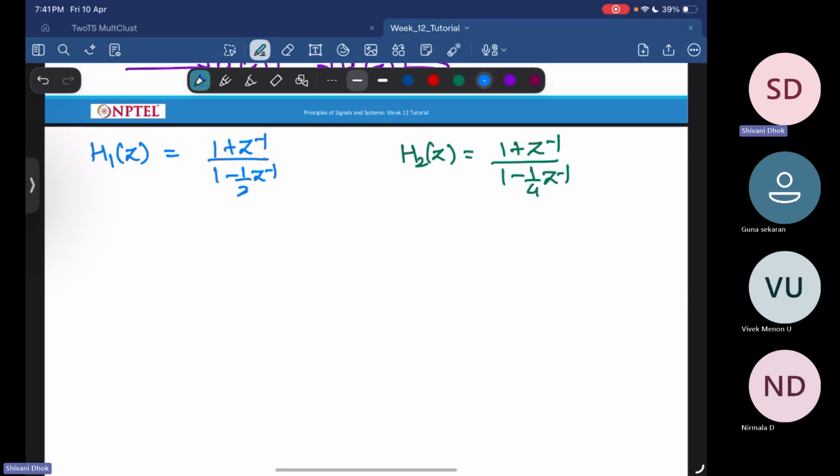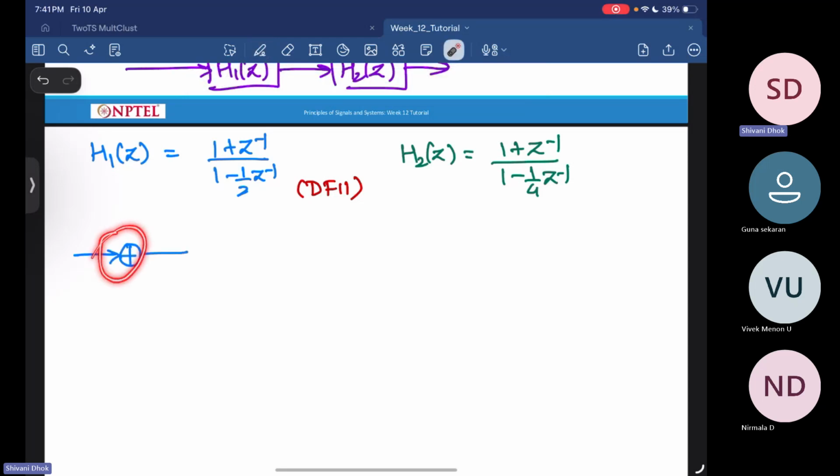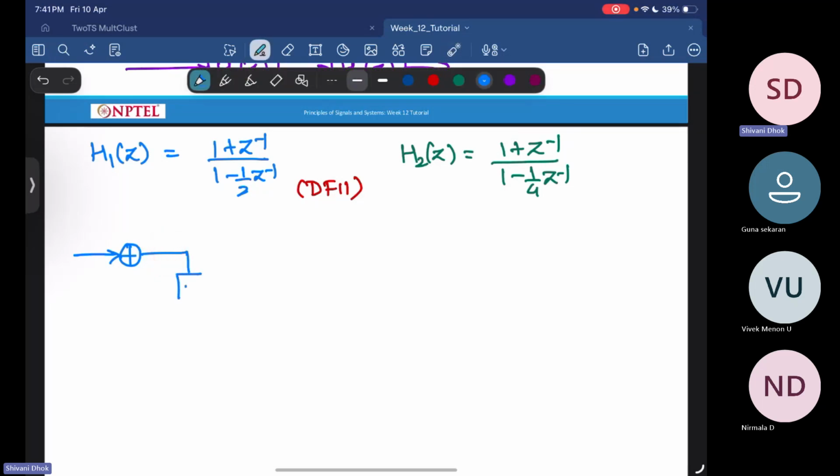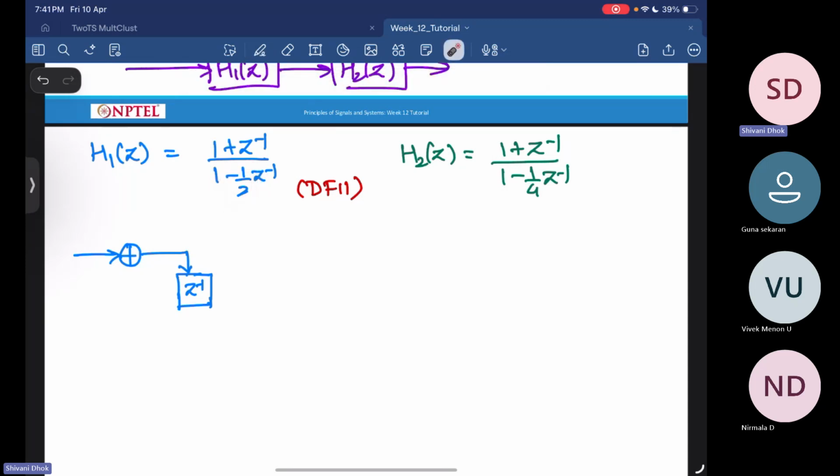So your H1 of z will be represented first. Again, we'll use direct form 2 for representing H1 of z and H2 of z. So for H1 of z, let us first start with the denominator part. So you get an adder block and then you have a 1 here, then that gets delayed by 1 unit, and you have in the denominator a scaling of minus 1 by 2.